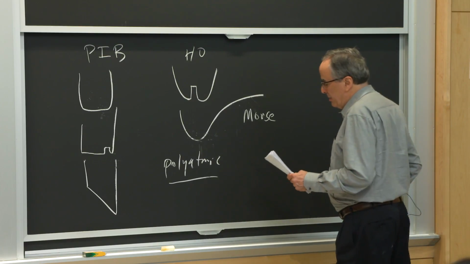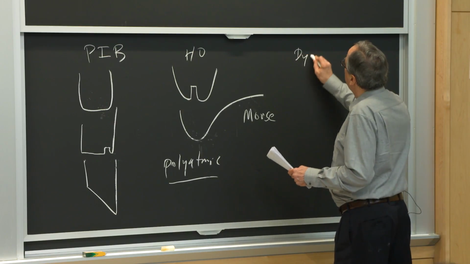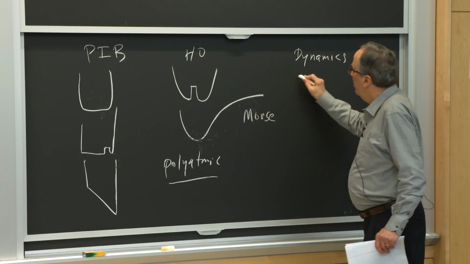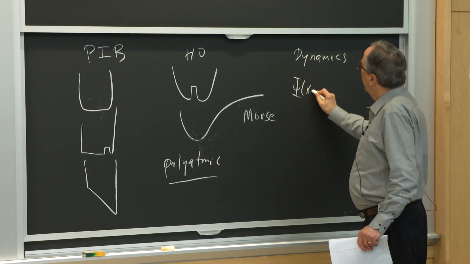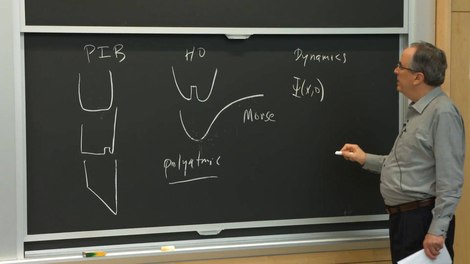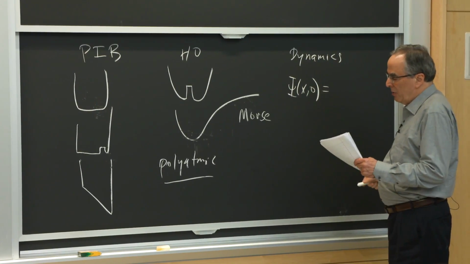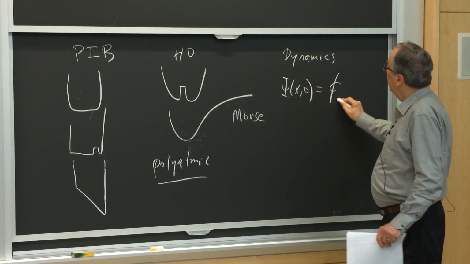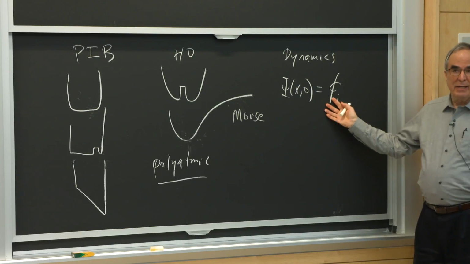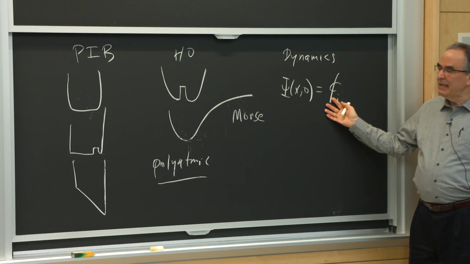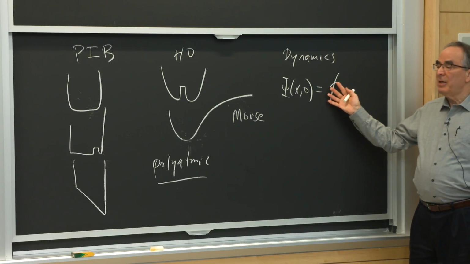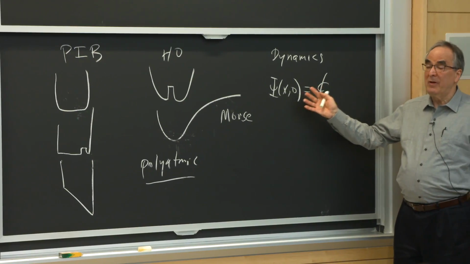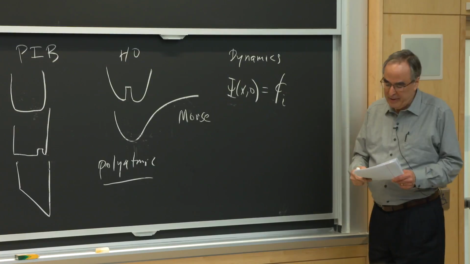But there's also dynamics. So you prepare some initial state at t equals 0, and you want to know how it's evolving. But often that initial state is an eigenstate of one of the exactly solved problems, and you want to be able to re-express that in terms of the eigenstates of the real problem.